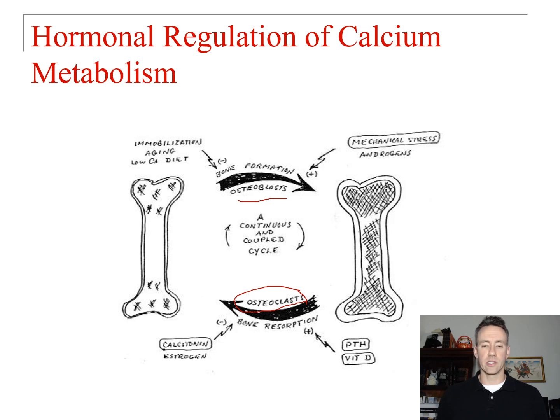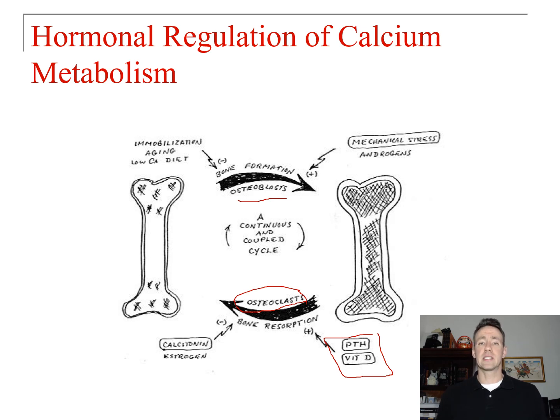Let's take a look at the osteoclastic activity. This would take bone and resorb or break down some of the minerals and redistribute it to the blood. So, parathyroid hormone over here and vitamin D. Parathyroid hormone is secreted by the parathyroid glands located on the backside of the thyroid gland, and it increases in response to low levels of plasma calcium.